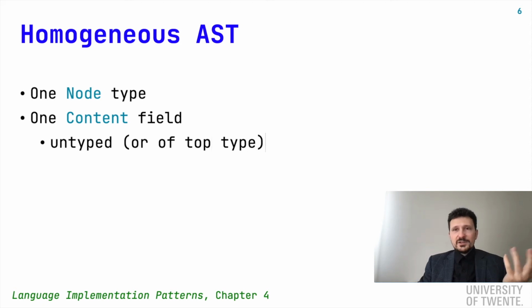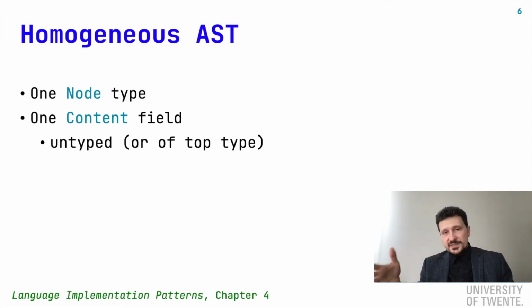You can call it whatever you want, but I will call it content. And this will be the data that is stored in that node. If the language permits, you can keep it untyped. If the language does not permit, you promote it to the top type that you have. So in Java, that would be System.Object.